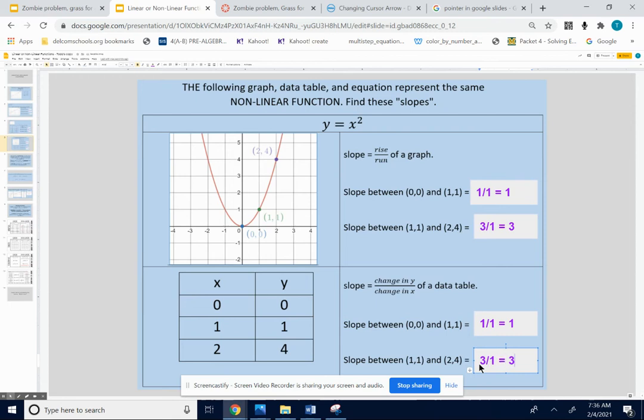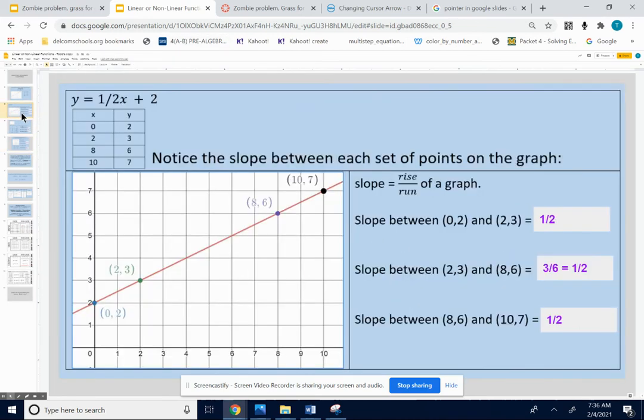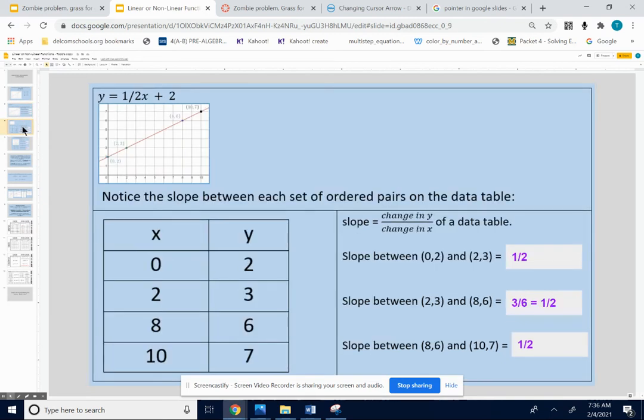The point is, when we had the linear function, either looking at the graph or the data table, no matter where we found the slopes, they were always the same. When it's a line, the slopes are the same no matter where you are, and no matter if you're looking at a graph or a data table.